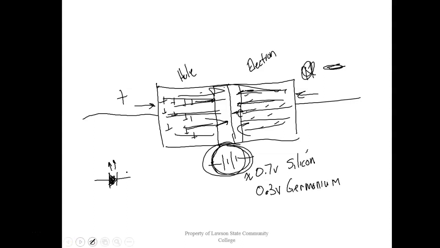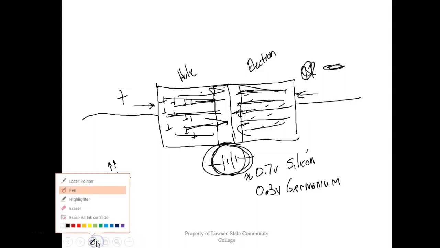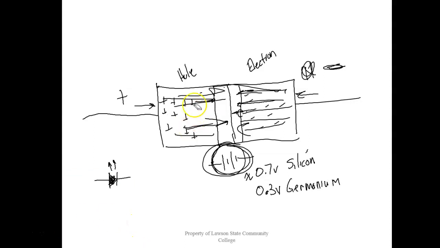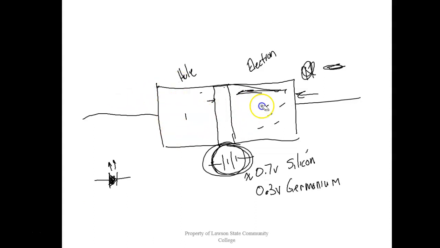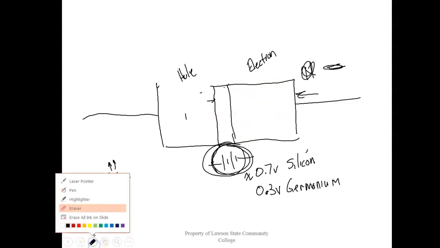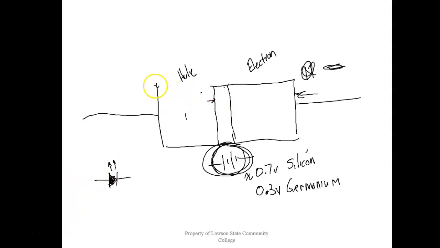Now what happens if I come over here and put the opposite polarity on this? Got my depletion region.